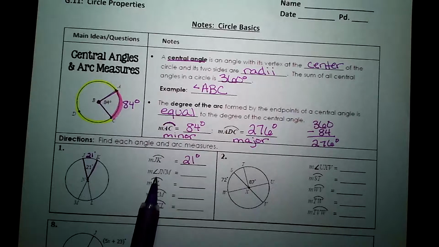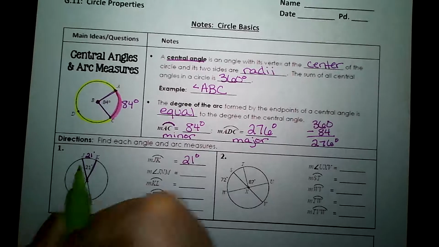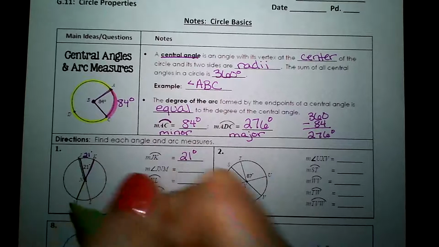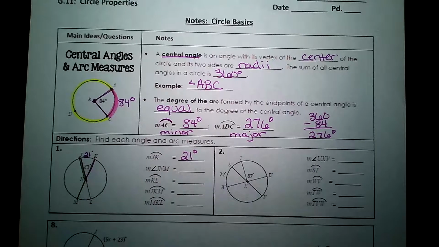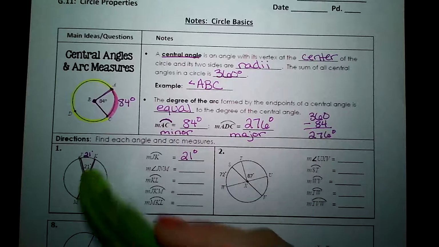All right, next we're asked for angle JNM, angle J to N to M. This is going to be a throwback problem. Angle JNM is a linear pair with angle JNK. Look how they're side by side.